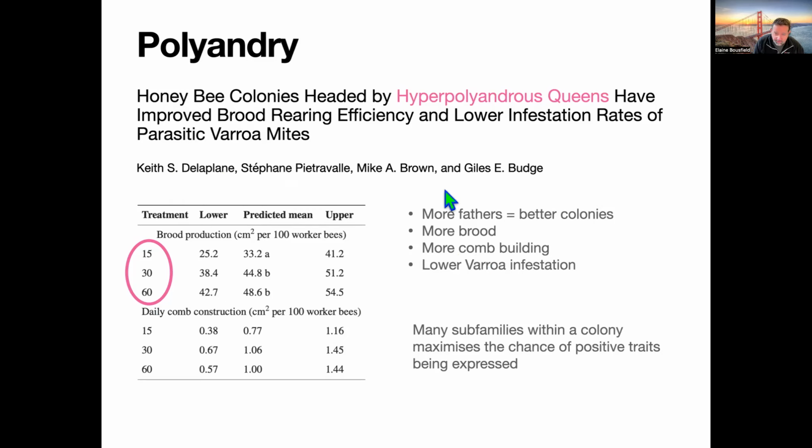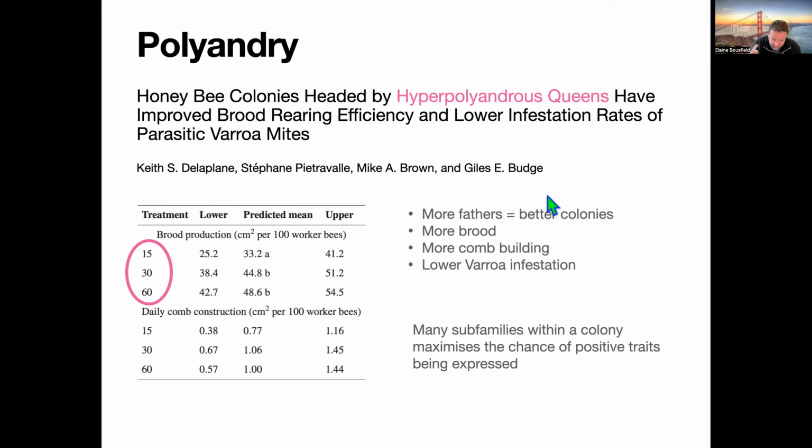And it turns out that the more fathers, the better. So this is what nature wants. Nature wants bees to be inseminated by multiple drones, and they also want to spread that genetics far and wide.